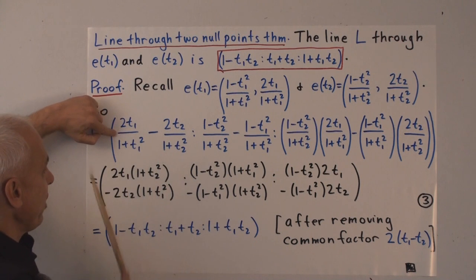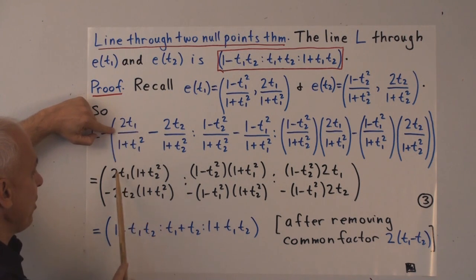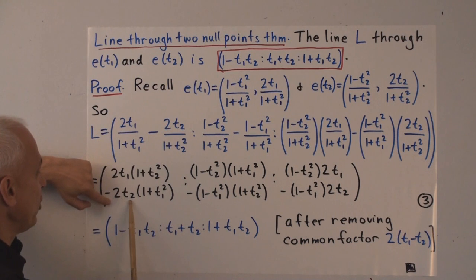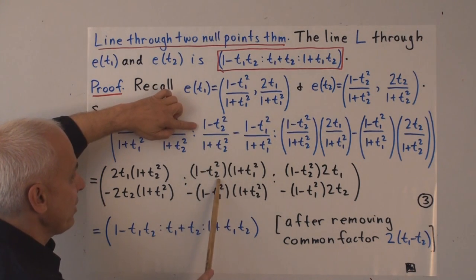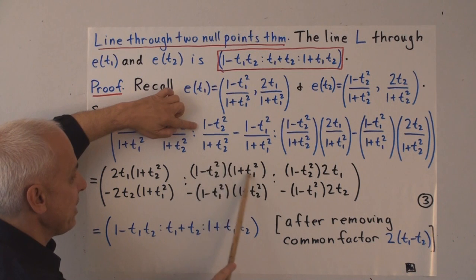The first term here, we're going to multiply the top here, 2t1, by 1 plus t2 squared, because the other 1 plus t1 squared will cancel with that one there. Minus 2t2 times 1 plus t1 squared. What happens here? Well, we're going to get 1 minus t2 squared times 1 plus t1 squared.